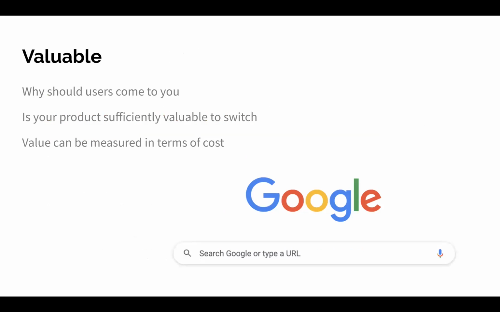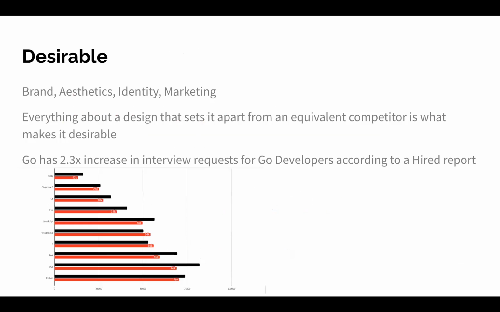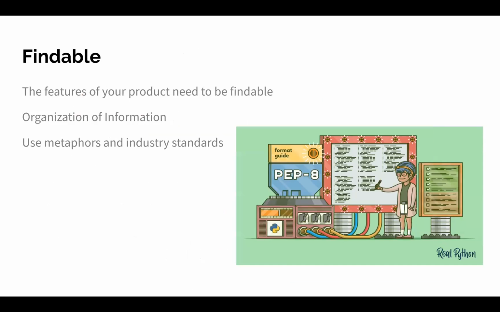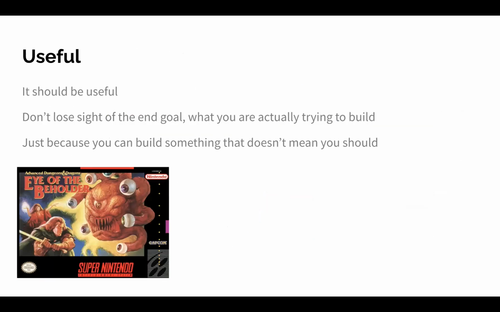Another thing about design is that, unfortunately, it is not a one-stop solution. Something that is findable, for example, may make something less useful. A great example is an airplane's cockpit, which is extremely useful.